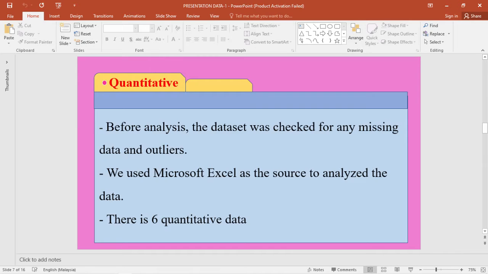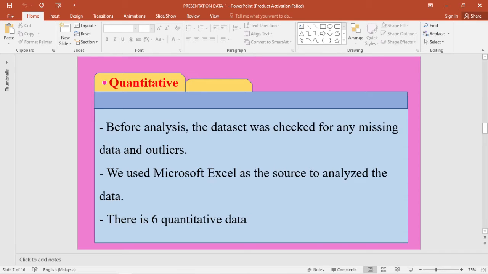Firstly, before analysis, the dataset was checked for any missing data and outliers. Let me give a definition of an outlier. In a simple word, an outlier is a value that lies outside, sometimes much smaller and sometimes much larger than most of the other values in a set of data.